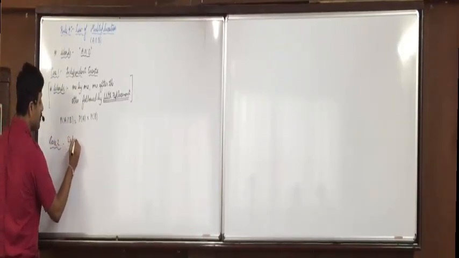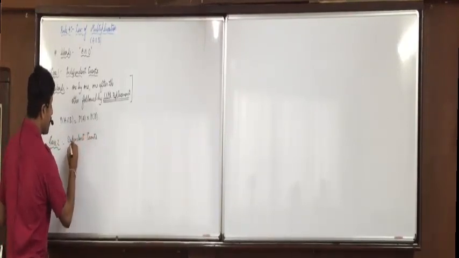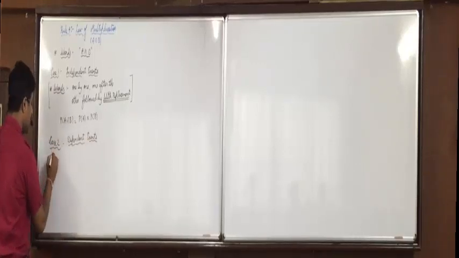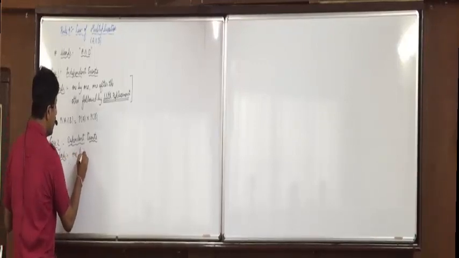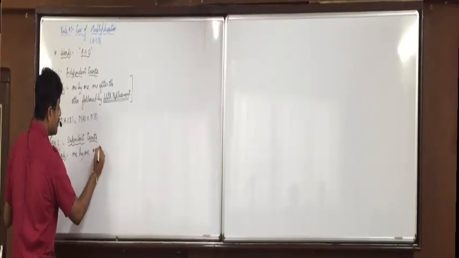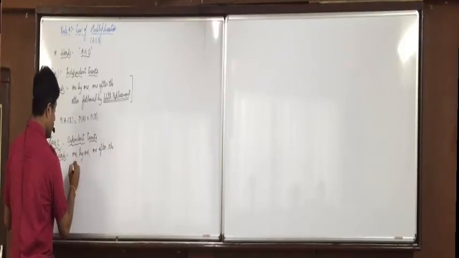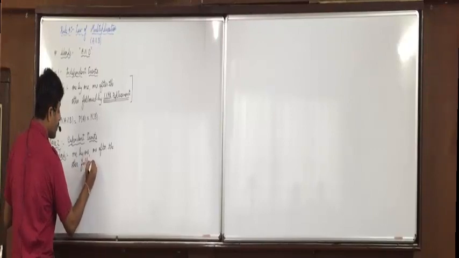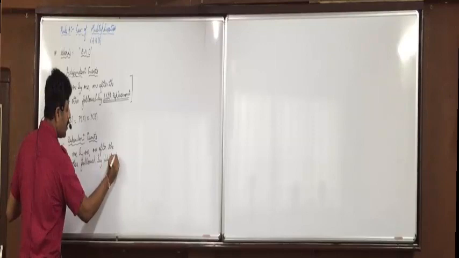Now case 2. Dependent events. For dependent events, the words will be "one by one" or "one after the other", followed by "without replacement".